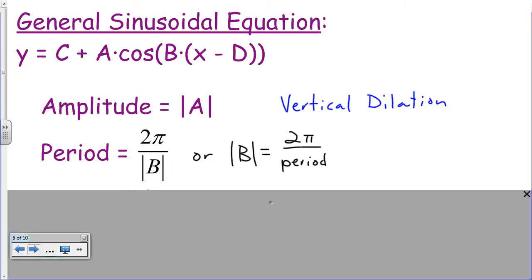Now what B actually represents: you notice you're multiplying B times the x minus d there. Since you're affecting the x value, that's actually a dilation horizontally. And it's actually the reciprocal of the horizontal dilation.